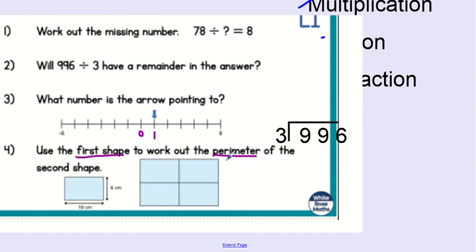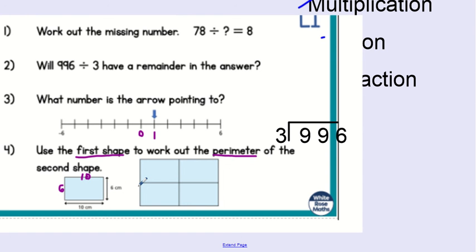Now, I know the perimeter is the distance around the outside edge. Let's have a look at what information I've got to help me. Now, it's a rectangle, so I know straight away if this length is 10 centimetres, this length will also be 10 centimetres. If the width is 6 centimetres, then the width here will also be 6 centimetres.